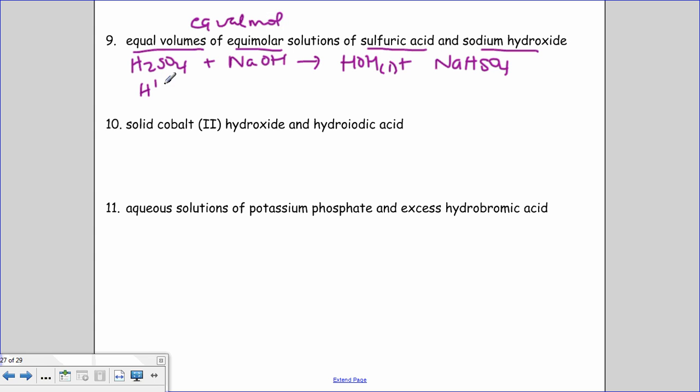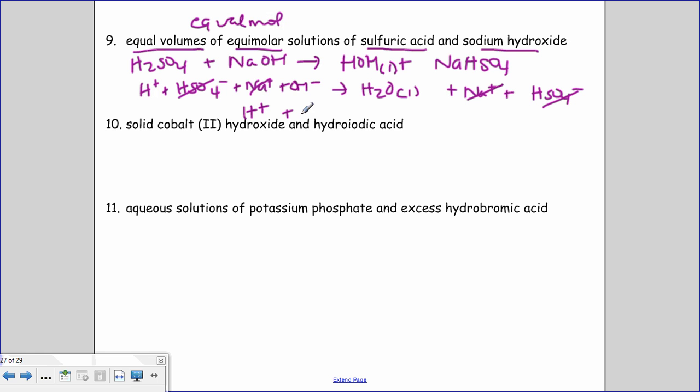So when this ionizes, because it is a strong acid, H plus, HSO4 minus, plus sodium plus hydroxide yields H2O liquid, and the soluble salt does ionize. Now this one's cool because this does cancel. The bisulfate ion cancels, the sodium ion cancels, leaving us with just the elements that will combine to make water. We don't see that too often, so that's a good one to study as well.